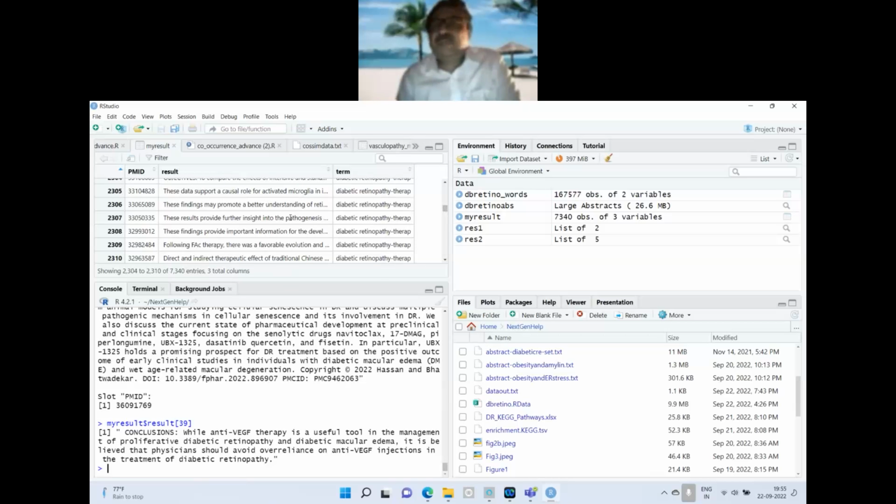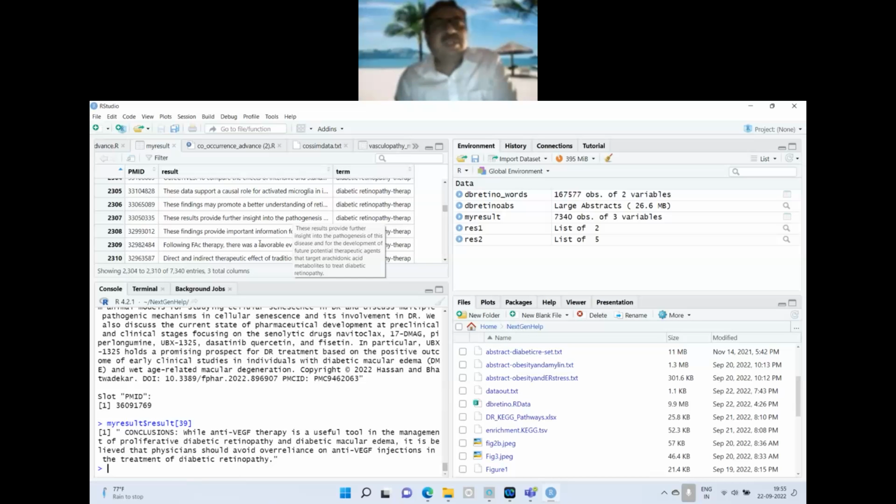And now here is therapy, which is also related to treatment. And here they mention that there are new targets like the arachidonic acid metabolites for treating diabetic retinopathy.